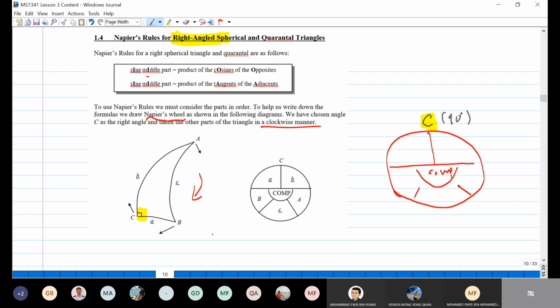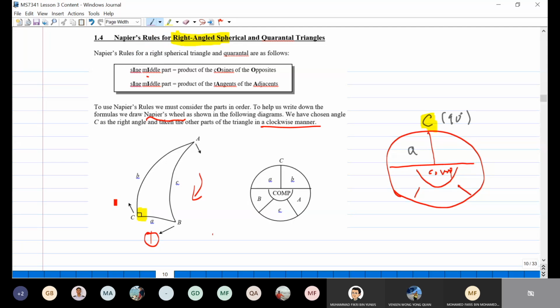So before you enter C, you have the side a. The first thing you go into is 1, a. C you already have right in the middle, so don't write it now. Continue to trace the triangle.